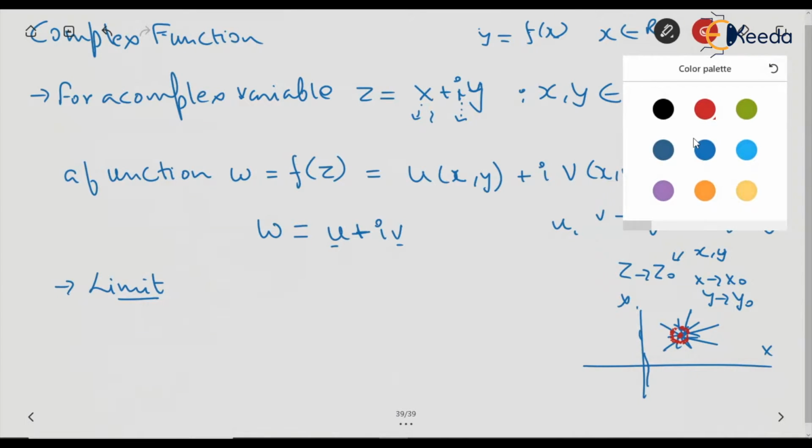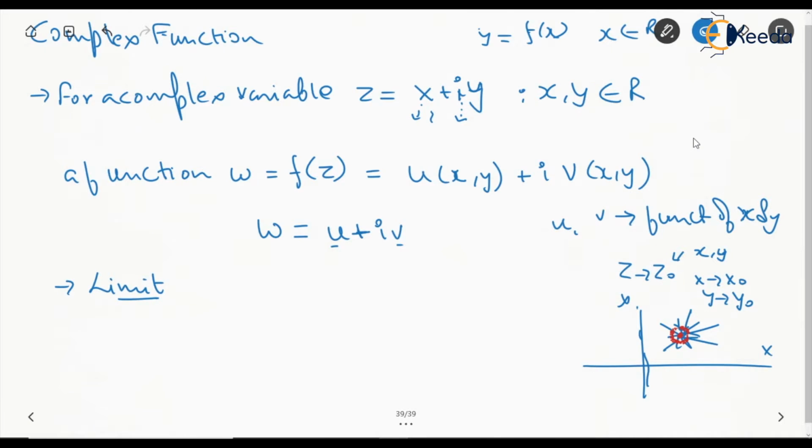So in that case, it is said, as z approaches z naught, which is a point on z plane, if f of z approaches some L, then we can say that the limit exists.